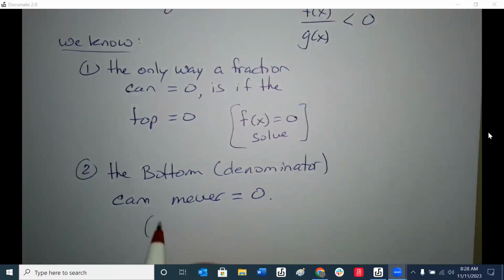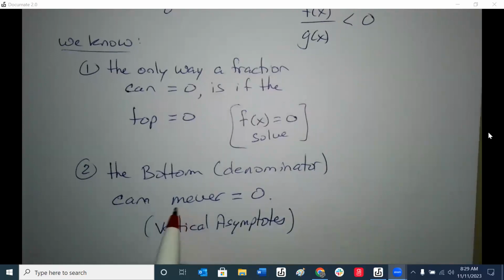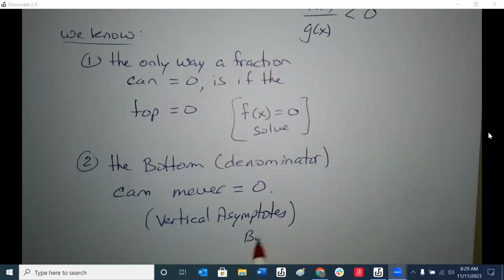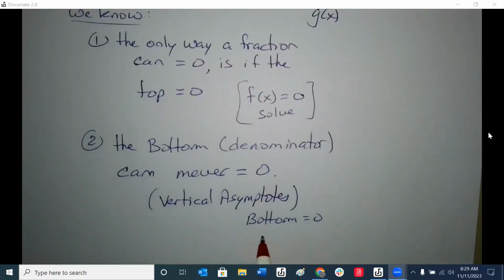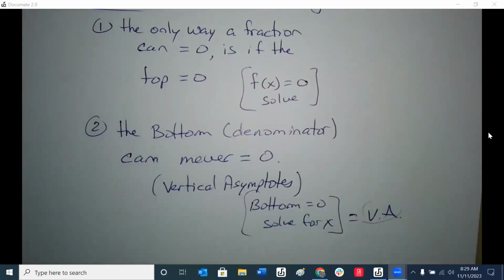Remember last section, or earlier in this chapter, we called that vertical asymptotes. It's where the denominator equals 0. Vertical asymptotes is where the bottom equals 0 and solve for x. These are the vertical asymptotes. You cannot use these.